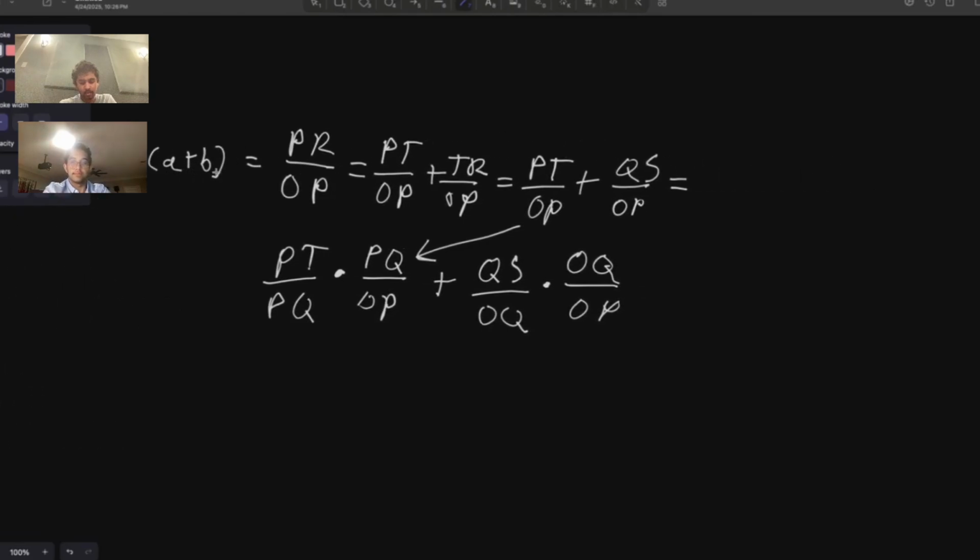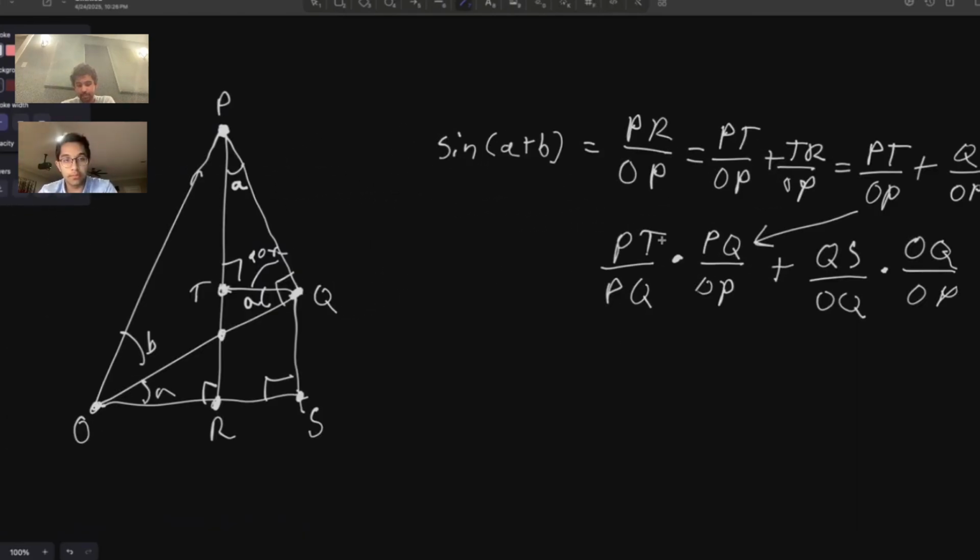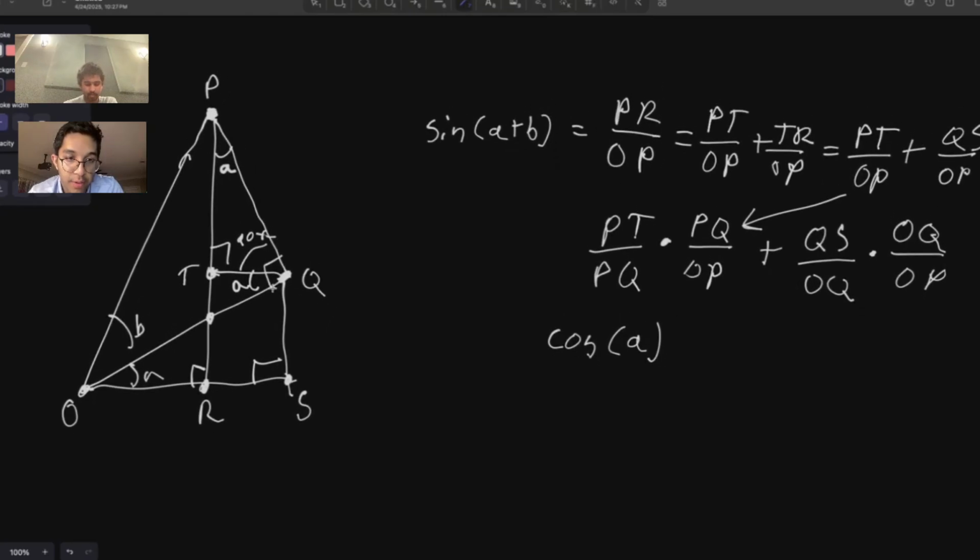So what is PT over PQ in terms of angle A? Cosine. Yes, that is equal to the cosine of angle A. Now what is PQ over OP in terms of angle B? Tangent. Not tangent. PQ over OP, that's sine.